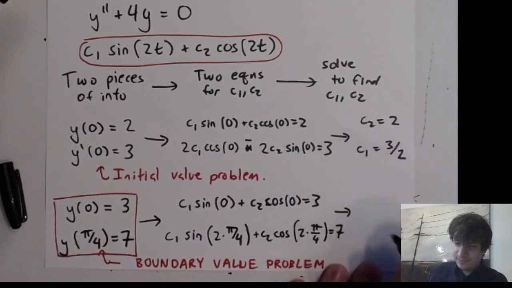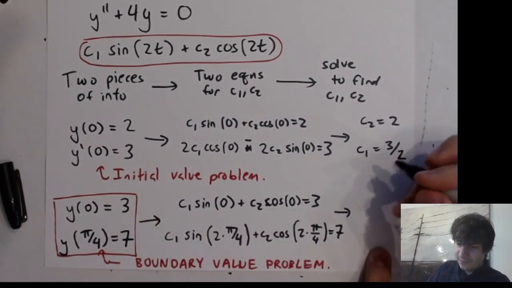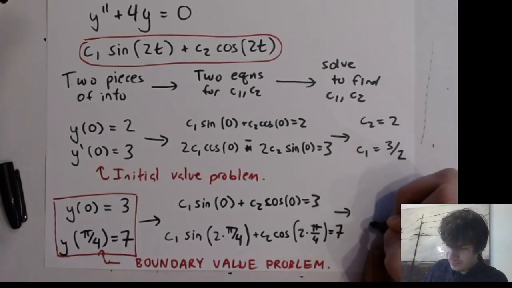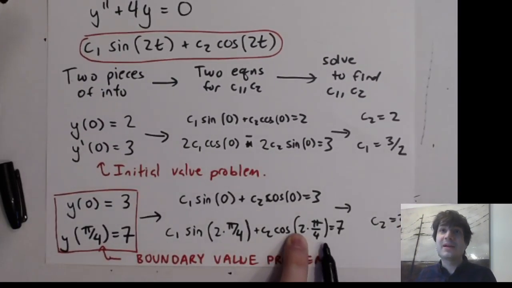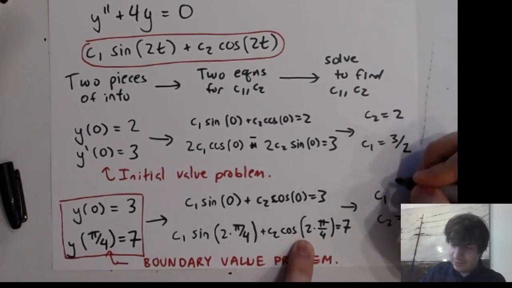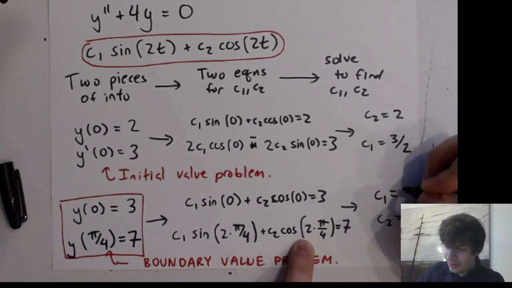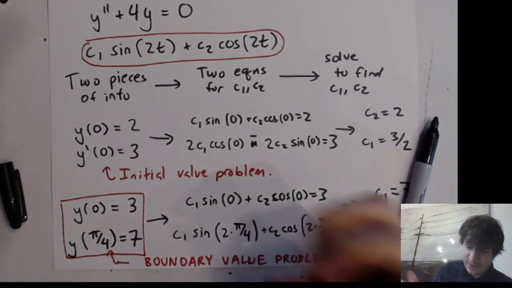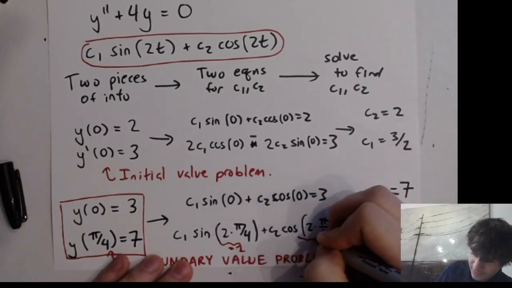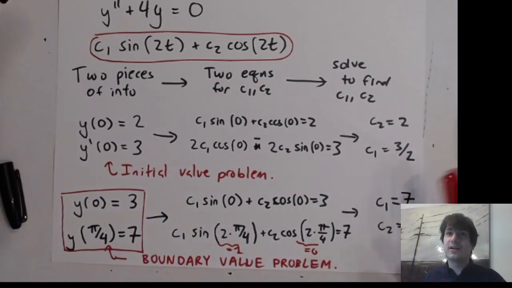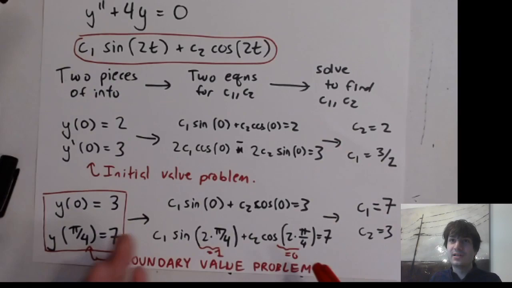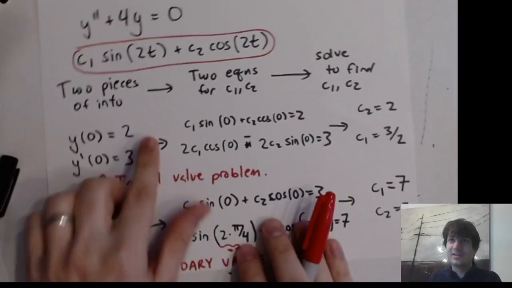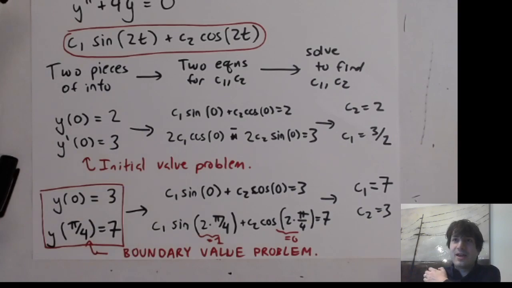And if you solve these, from the first equation you can read off that c2 equals 3. And from the second equation, you have a cosine of pi by 2, and cosine of pi by 2 is equal to 0. So the second equation says c1 equals 7. The sine of pi by 2 is 1, and the cosine of pi by 2 is 0. So you solve for c1 and c2. Same kind of game as before. Two equations. The types of equations you get are maybe slightly different, but everything else is okay.